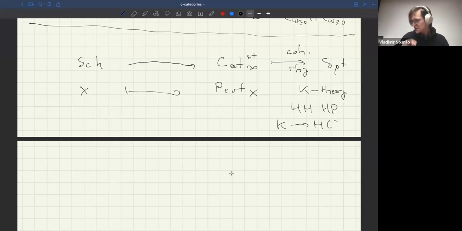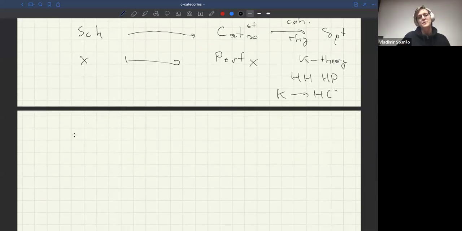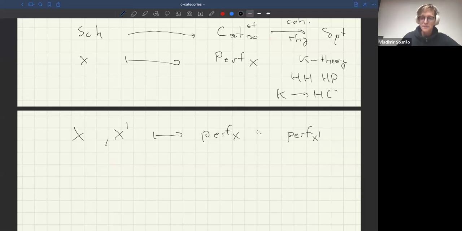For instance, if we start from two different schemes, X and X prime, and to them I associate these categories of perfect complexes, perf X and perf X prime, it might happen that these categories are equivalent, even though the original schemes were not equivalent. This can be found even in some simple examples with abelian varieties.